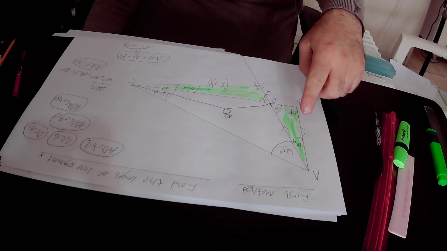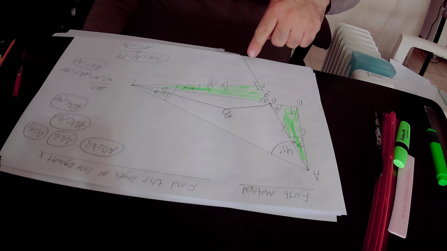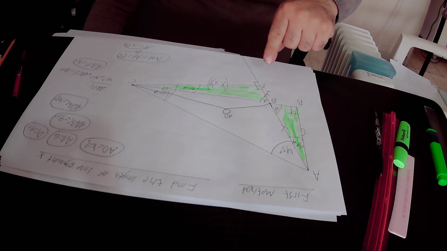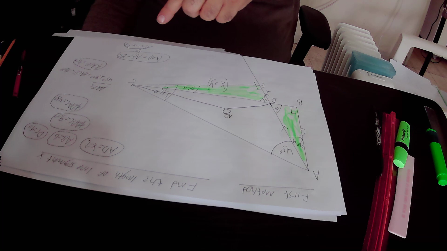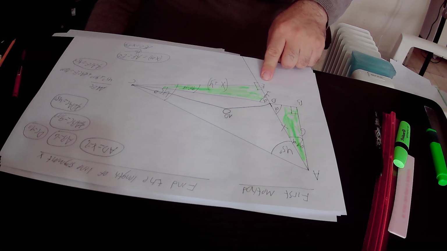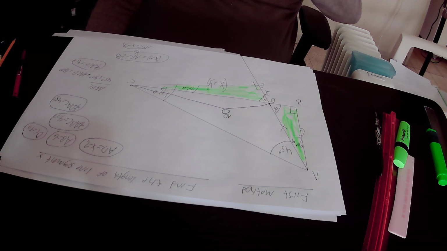We extended line segment AD by a straight line, and then from point C we drew a perpendicular to the extended AD. We defined the touching point between the perpendicular from point C and the extended AD as E. So this angle equals 90 degrees, and this angle equals 90 degrees according to our construction.